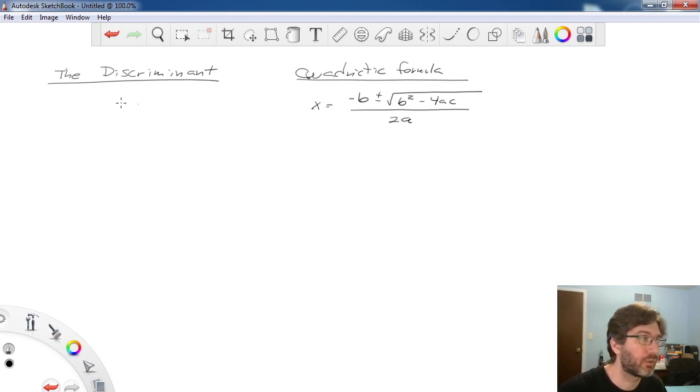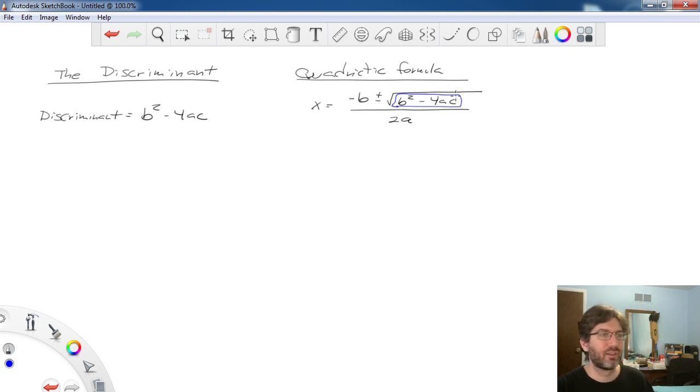The discriminant also has a formula, and the discriminant is going to equal b squared minus 4ac. And you'll note that is just the part underneath the radical of the quadratic formula. So this here will be the discriminant.